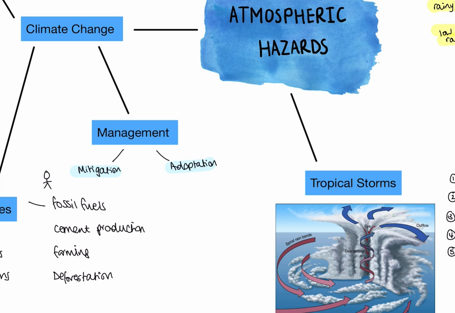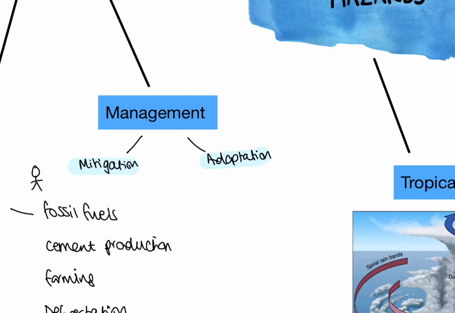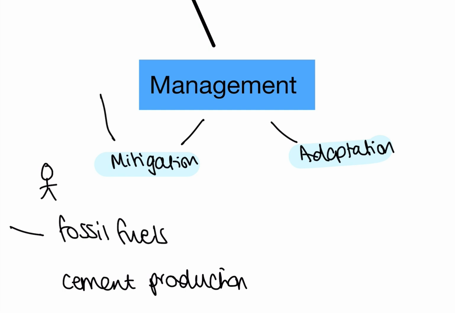So if we were going to mitigate, we might do things like, let's add these on over here, planting trees. That's going to mitigate because that will absorb more CO2. We might do things like international agreements, so things like the Paris Agreement, for example, where countries pledge to reduce their greenhouse emissions.